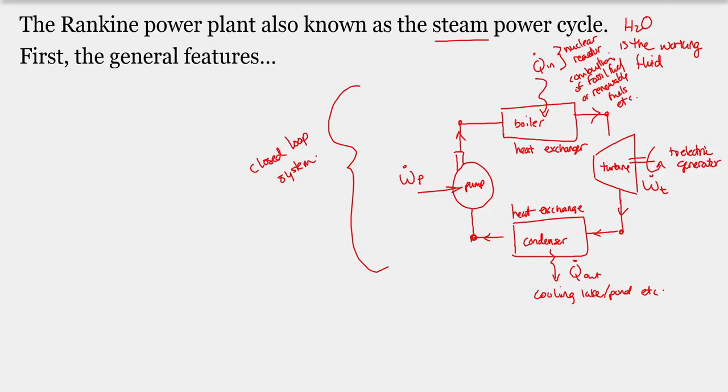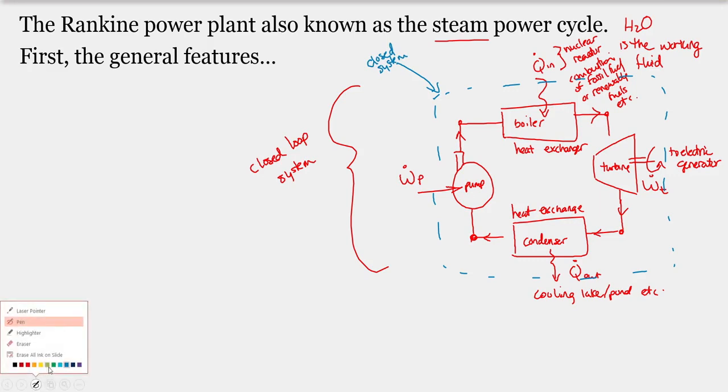So before, when we were drawing our system diagram, remember this was what's inside the box for our generic power cycle. If we drew this control surface here, this is a closed system. However, if I consider the components individually, so let's say I just consider the pump, this is an open system.